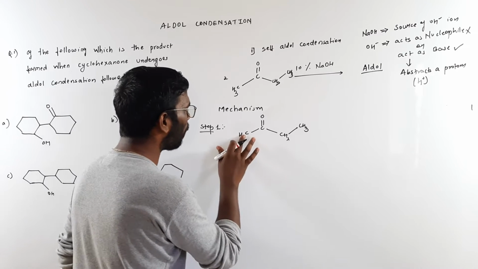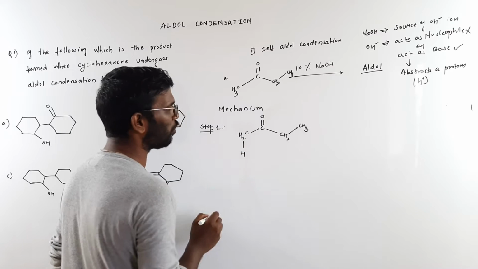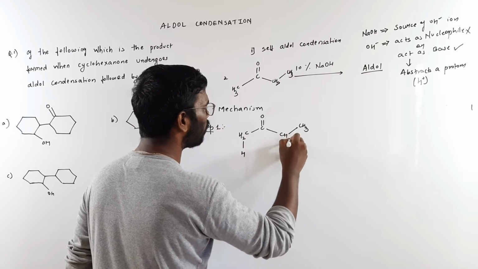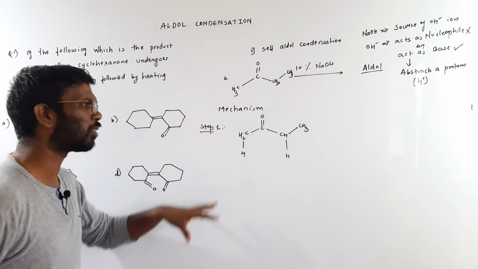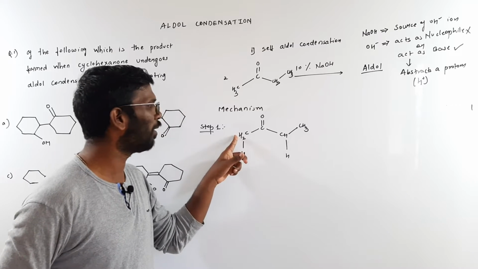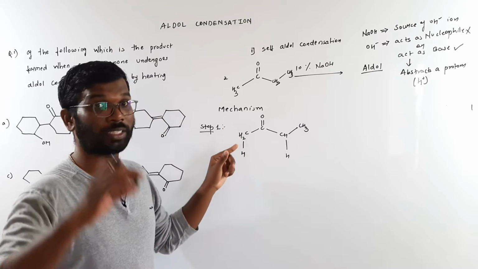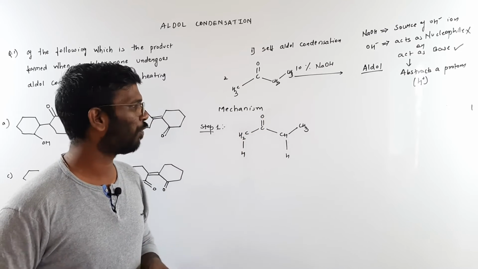So one possibility, if I write it in this form, is this hydrogen, and the other hydrogen which is possible is this. It can remove this hydrogen, because I am calling this an acidic hydrogen. Once this hydrogen is removed, there will be a formation of a negative charge, and that negative charge will be in conjugation with this pi bond, and that is how it will be stabilized.